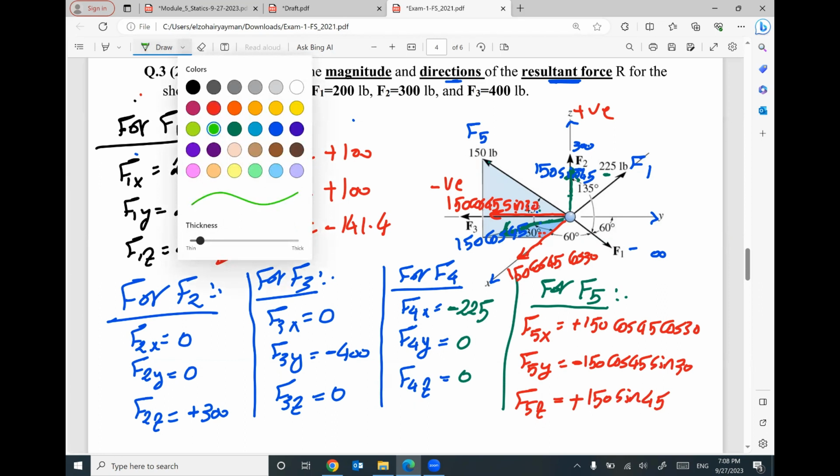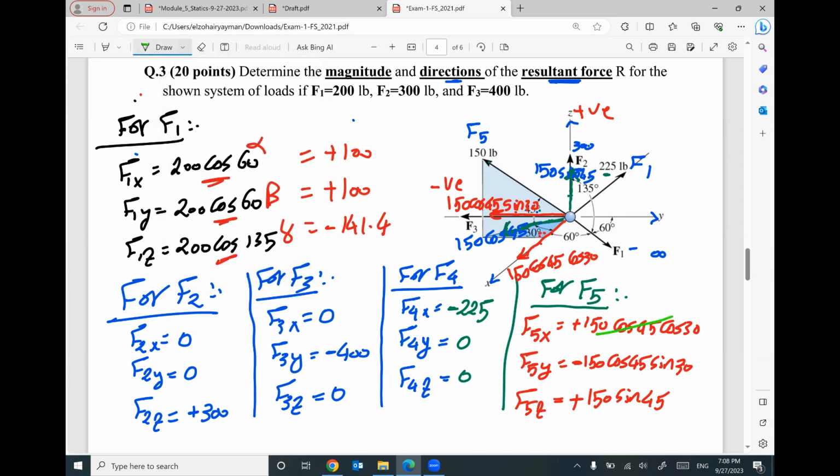I can simplify these numbers. 150 times cosine 45 times cosine 30, I got 91.8. 150 times cosine 45 times sine 30, I got negative 53. 150 times sine 45, I got 106.1.